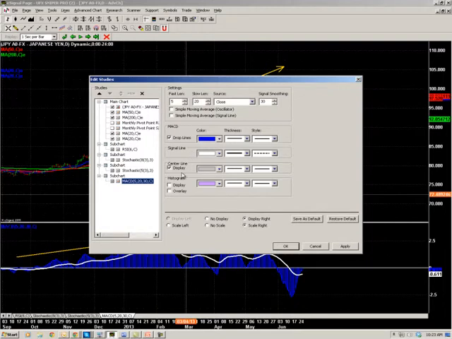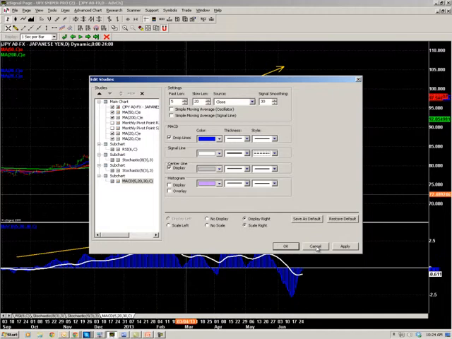Tick the next one. And then these two remain the same. And then change the colors. This line goes much thicker than all the other ones because it's the one I use for the momentum. And then if you click on save as default, it's always going to be saved every time you click on the MACD.